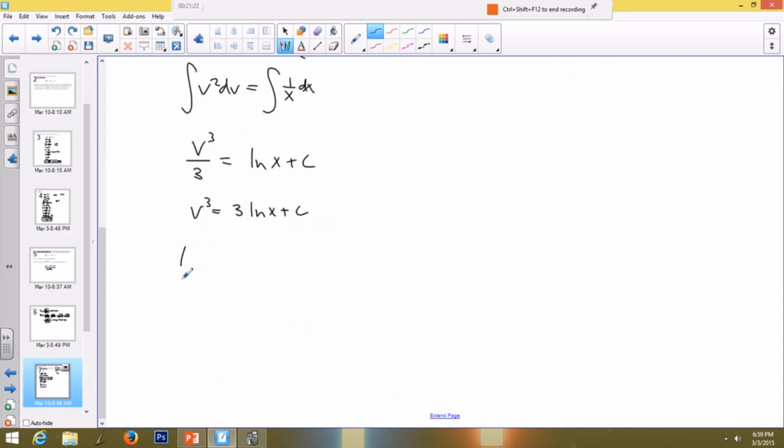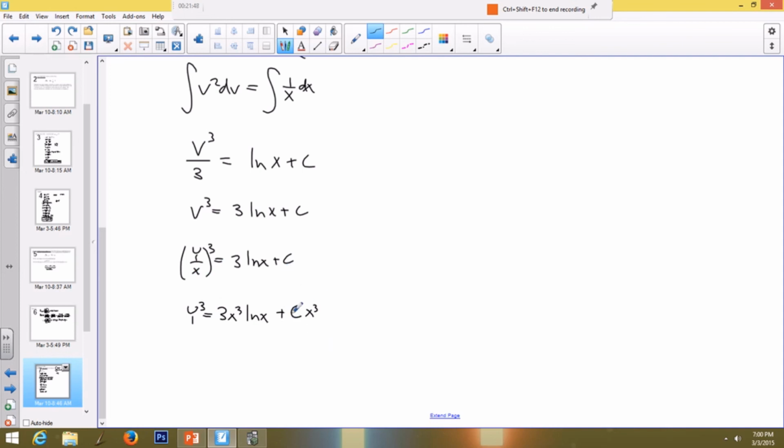So we're going to make this y over x to the third equals 3 ln x plus c, and then we'll multiply by x to the third, and we'll have y to the third equals 3x to the third ln x plus c x to the third, because I'll have to distribute.